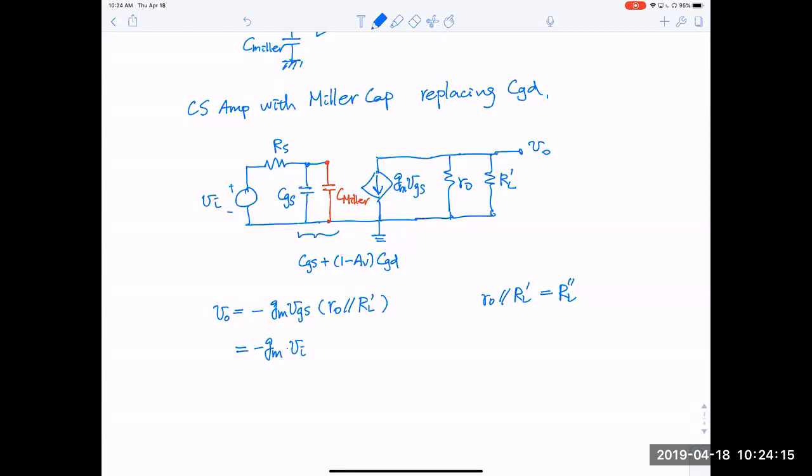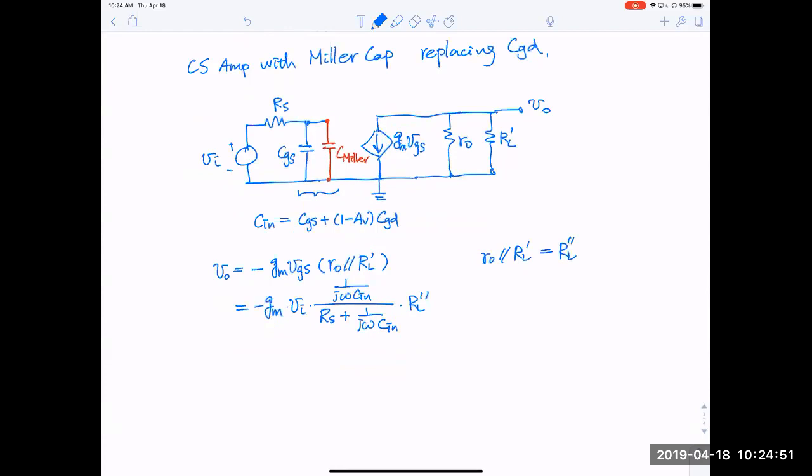It's VI times 1 over J omega C in over RS plus 1 over J omega C in, where C in is equal to the whole thing, CGS plus the Miller term. The voltage is dropped across the capacitor, so 1 over J omega C in. And then we have RL double prime. So you can separate that into two terms.